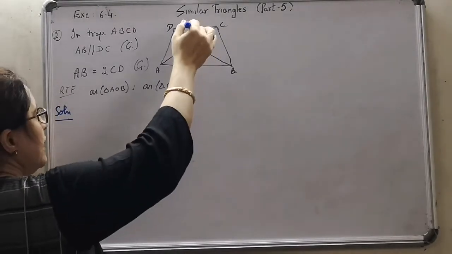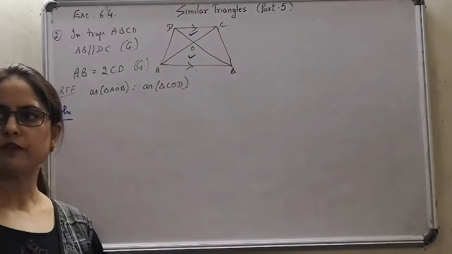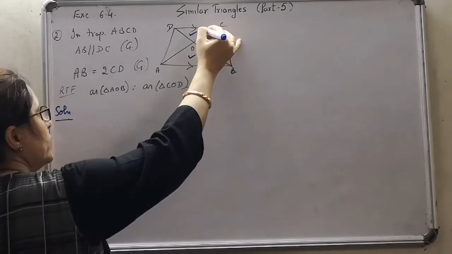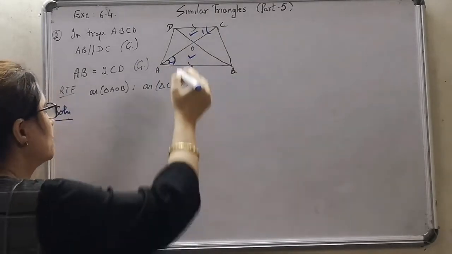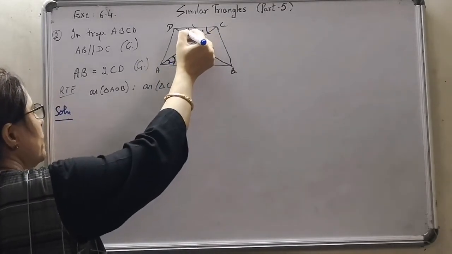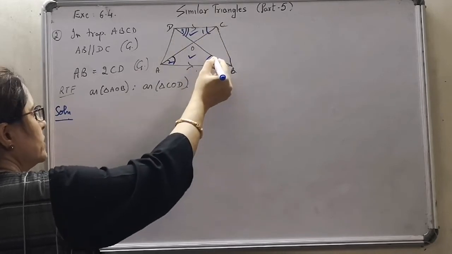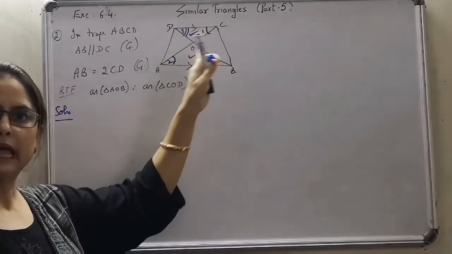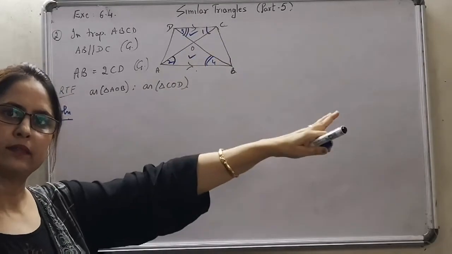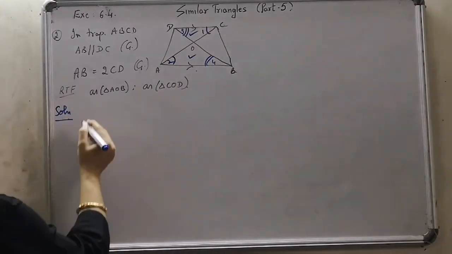Look, we have been given that AB is parallel to DC. Obviously, then angle 1 is going to be equal to angle 2, alternate angles. And angle 3 is going to be equal to angle 4, again alternate angles. So the two triangles are going to be similar by angle. After that, we'll apply our theorem of areas.